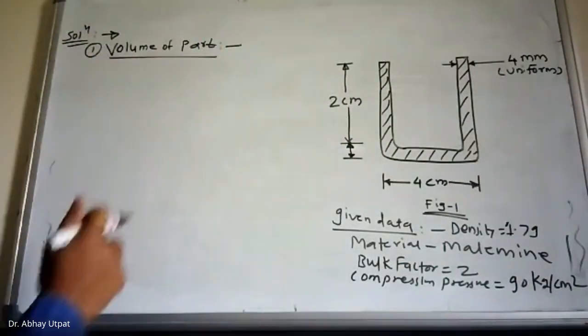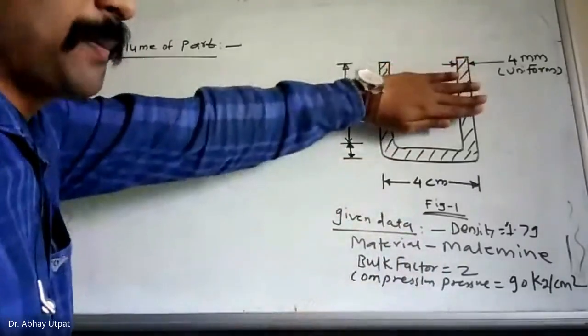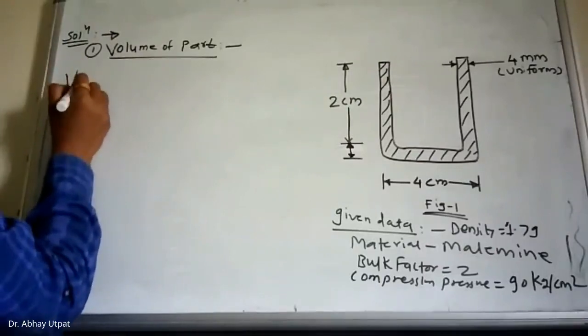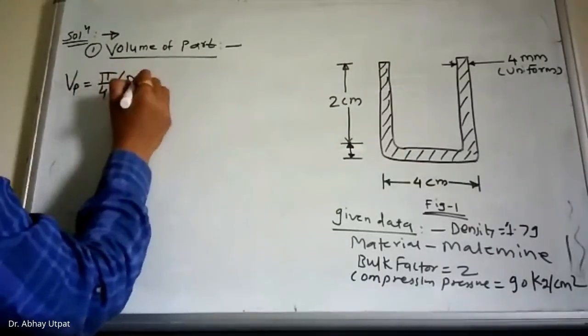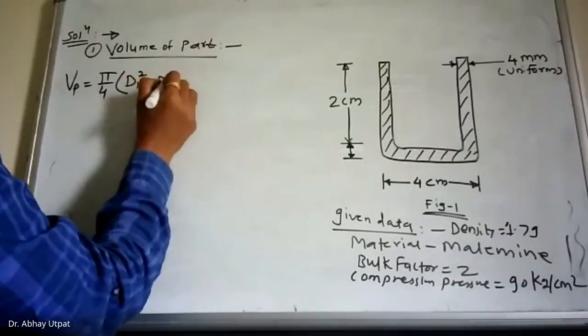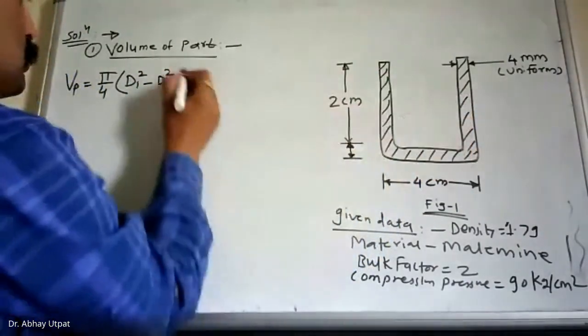So the volume of part will be calculated in two steps. First, volume of upper cylinder plus volume of this disc. Volume of part is equal to pi by 4 (d1 square minus d2 square) into L1, where d1 is 4 centimeter and d2 is 3.2 centimeter.